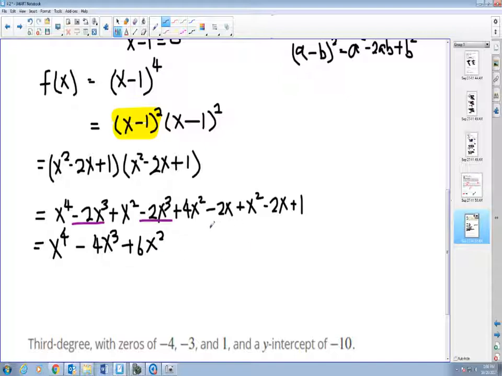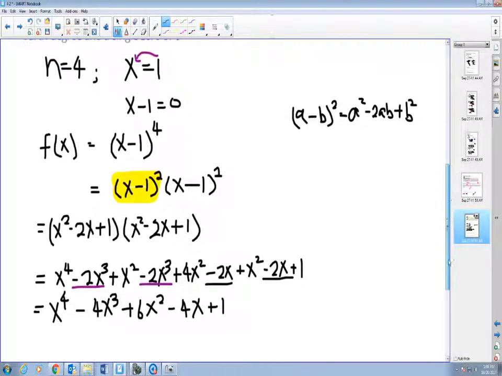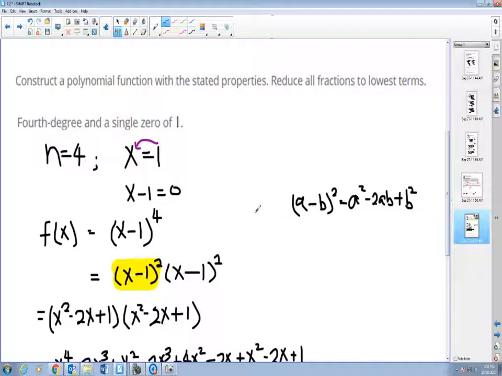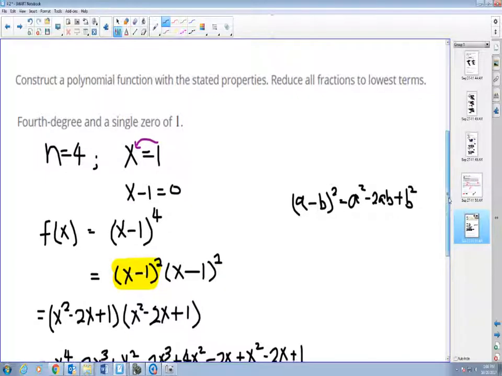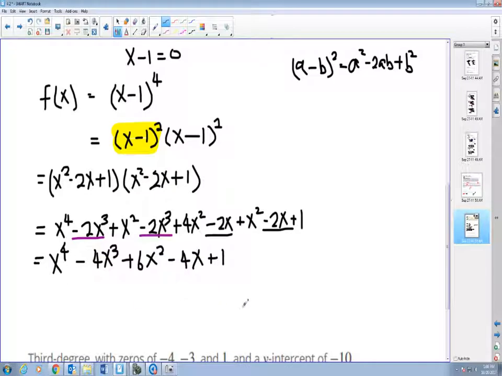X to the first power, negative 2x minus 2x, negative 4x. And my last term, still positive 1. Alright, so far this is my polynomial function. However, there's one more property. Oh, excuse me, there's no more property for this one. It's just saying 4th degree and a single zero. So that's it, this is my answer.